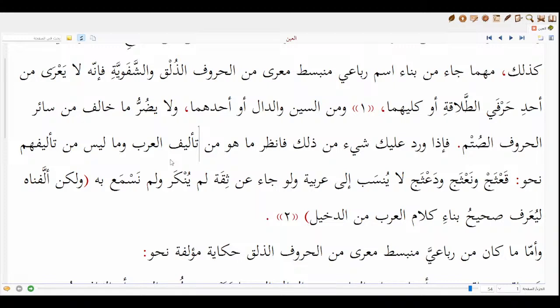فانظر إلى ما هو من تأليف العرب وما ليس من تأليفهم. So these words قعثج, نعثج, and دعثج. Allah knows best, I'm unsure what this means. ولكن ألفناه ليعرف صحيح بناء كلام العرب من الدخيل.